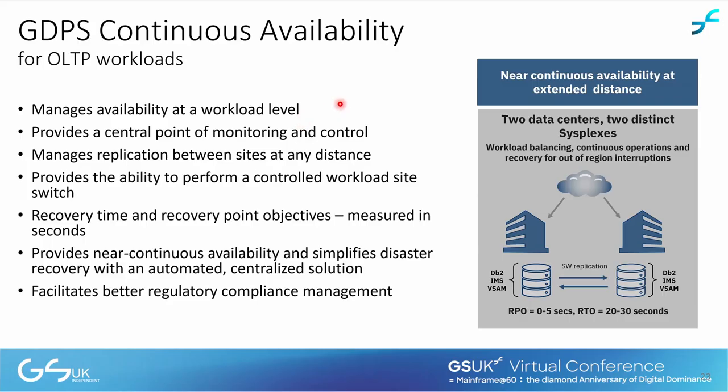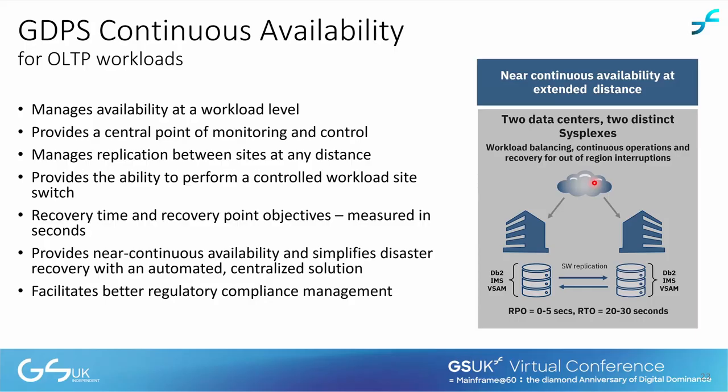GDPS continuous availability, sometimes known as active-active, allows for near continuous availability at an extended distance. This means you have two distinct sysplexes performing work actively. Up here in this cloud on the picture, just picture it as having switches, routers, etc. that send the workload to whichever sysplex it needs to go to.